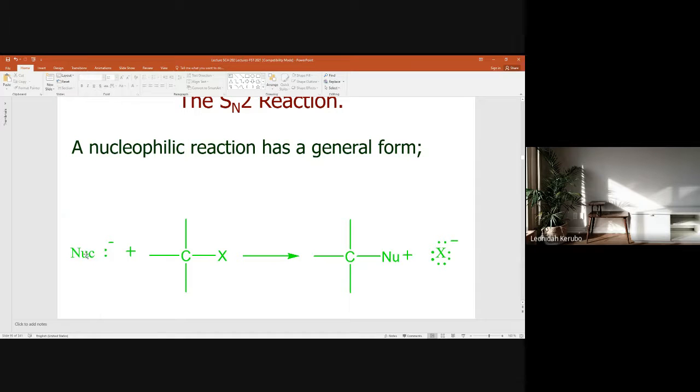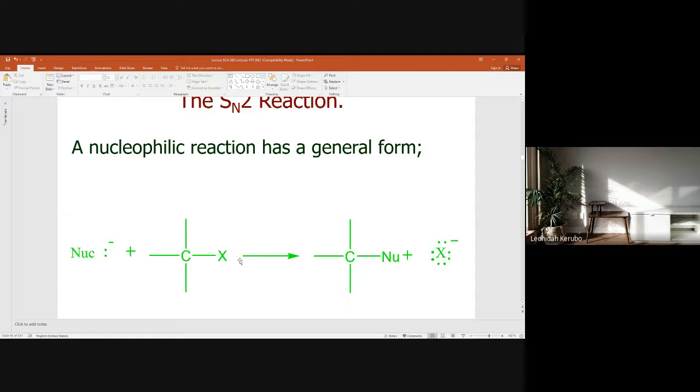So there will be a new bond to this nucleophile. We don't know which nucleophile it is, and Nuc is just general for different nucleophiles. So there will be a new bond to the nucleophile, and there will be a halide ion which will be eliminated from the reaction. So this is a normal general form of nucleophilic substitution reaction, without necessarily saying that it is proceeding through SN1 or SN2.